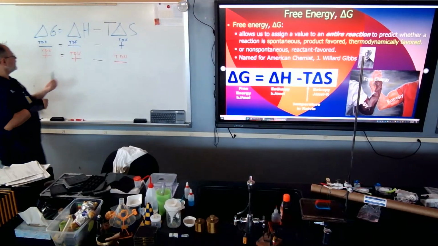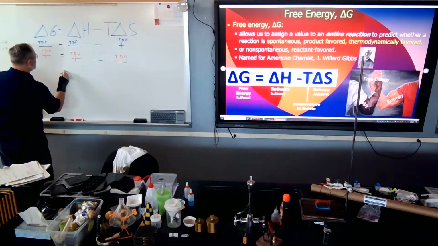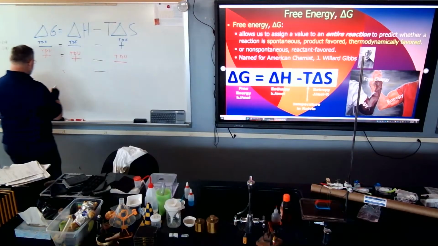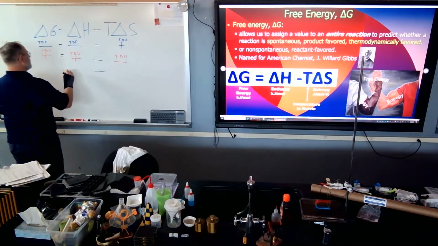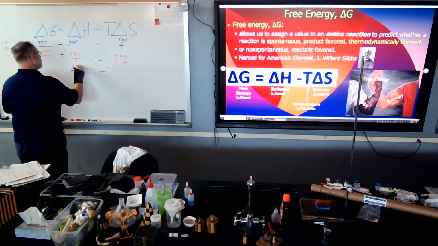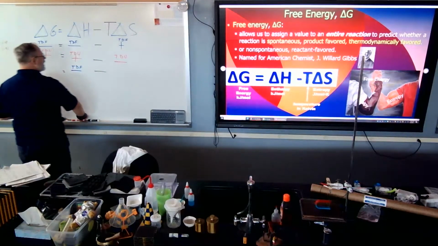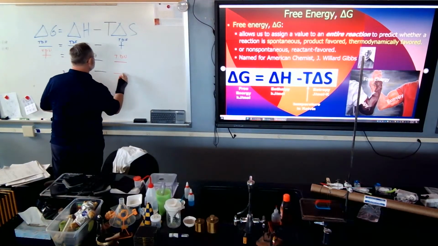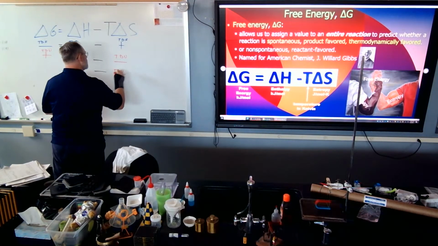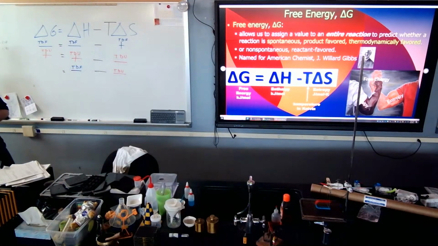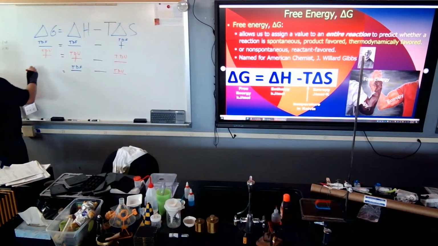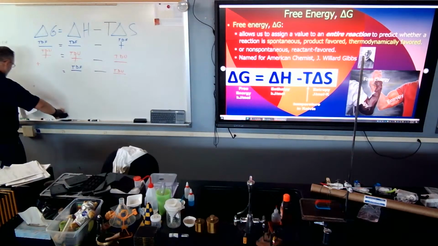Now, what happens if you have a thermodynamically favored enthalpy, but a thermodynamically unfavored entropy? It could be either. It could be either, but there's one value that determines whether this one is thermodynamically favored or unfavored.